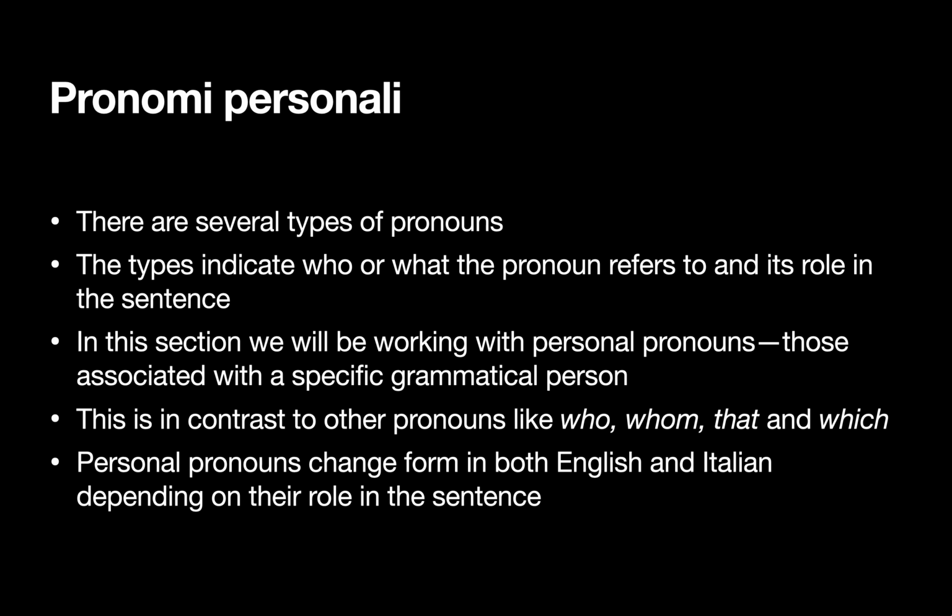We're just working with personal pronouns, those that have a clear first, second, or third person meaning. This is in contrast to other pronouns like who, whom, that, and which, that can refer to whatever is being talked about in the sentence, regardless of whether it's first person, second person, or whatever.